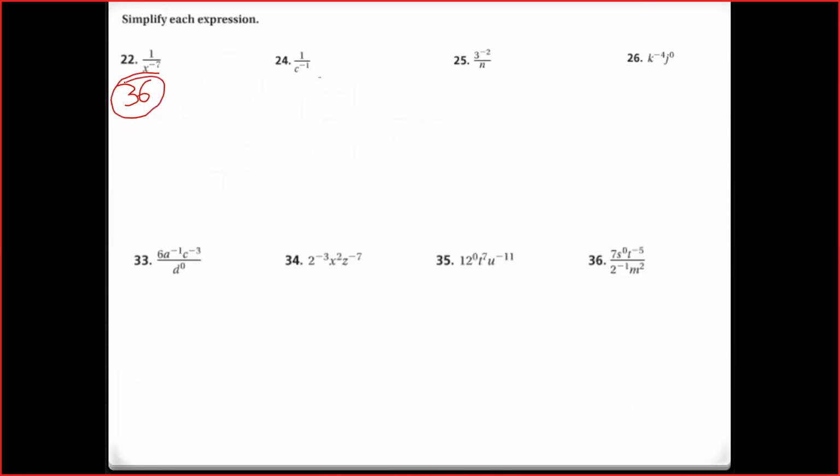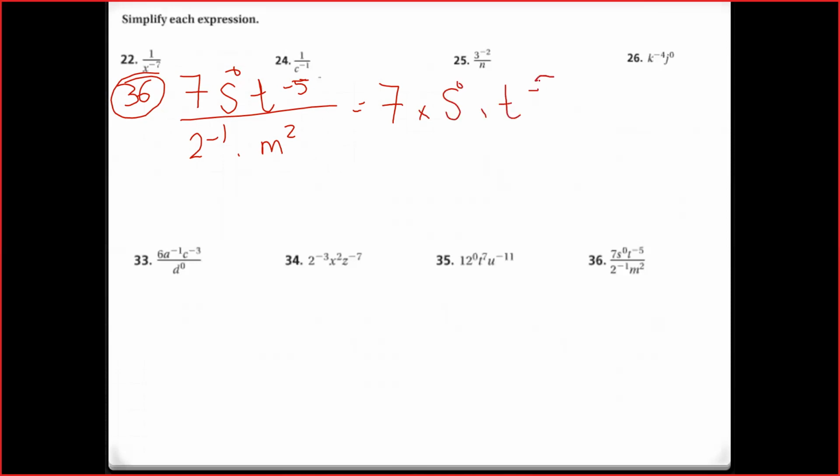36. It is 7 s to the power 0 t to the power negative 5 over 2 to the power negative 1 times m squared. Now, it is 7 times s to the power 0 times t to the power negative 5 times, as we said here, 1 over, keep it down, and here, if you keep it down, you have to write 1 up.